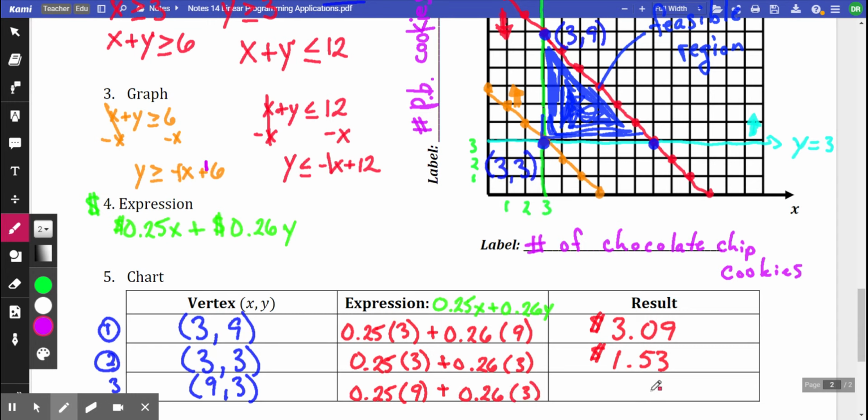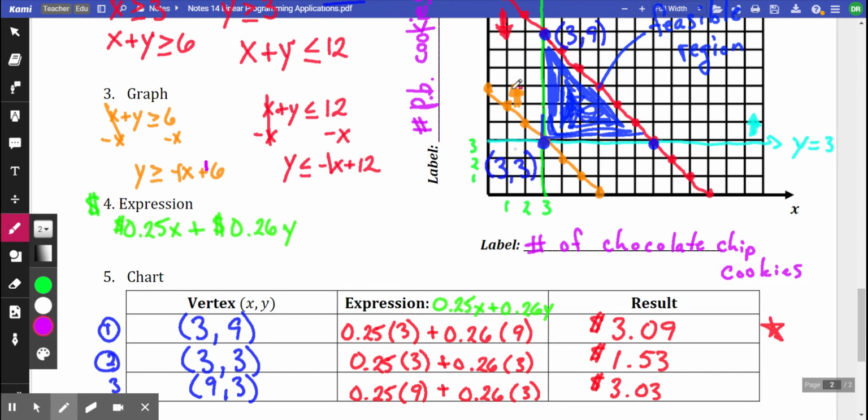Calculate this, and we see that this is $3.03 per combination pack, which is just slightly less than the other. And again, not totally surprising because we have 25 cents and 26 cents in our expression. This top one multiplied the bigger number by 9, while the bottom multiplied the lower number by 9. So what we see is that this right here was the overall highest result.